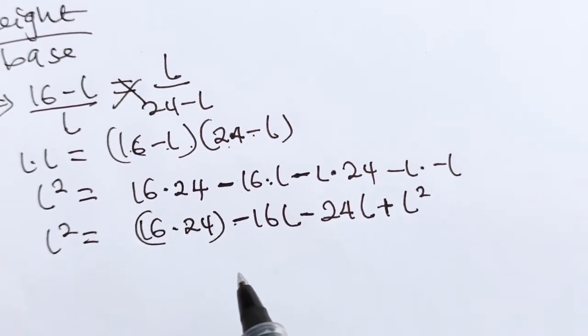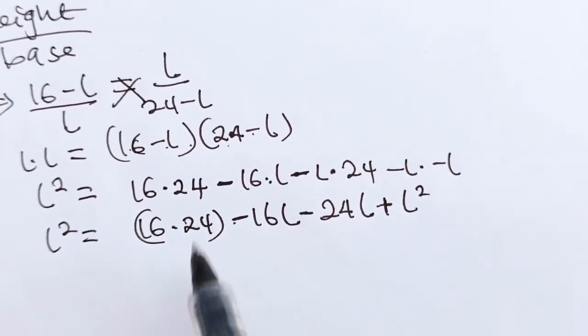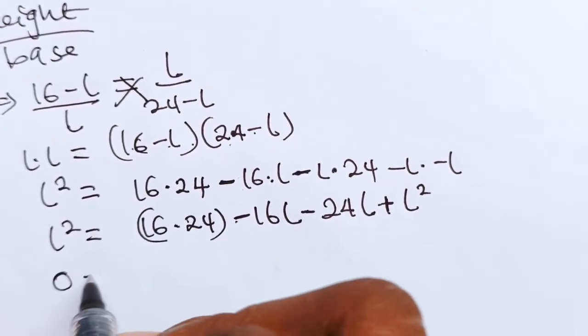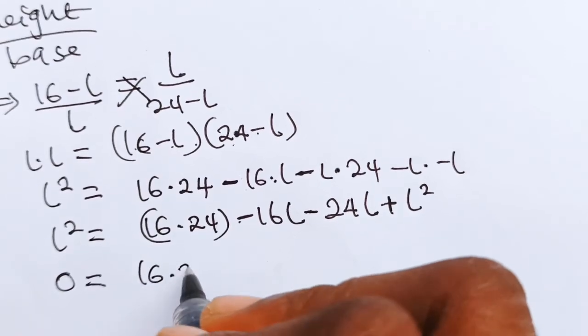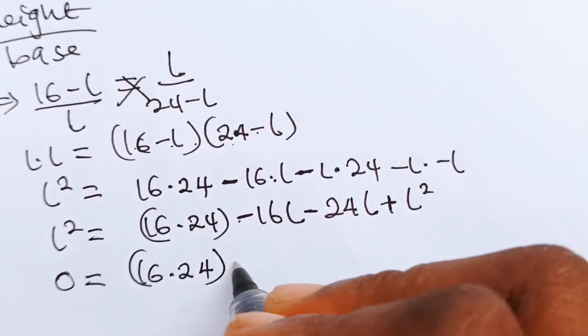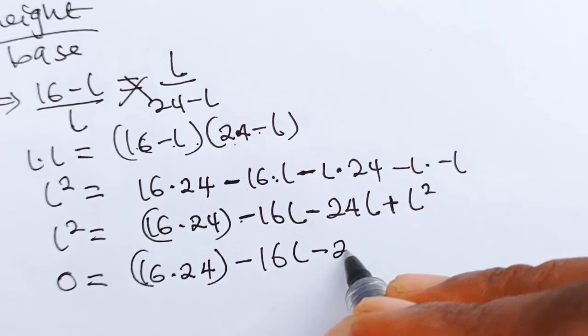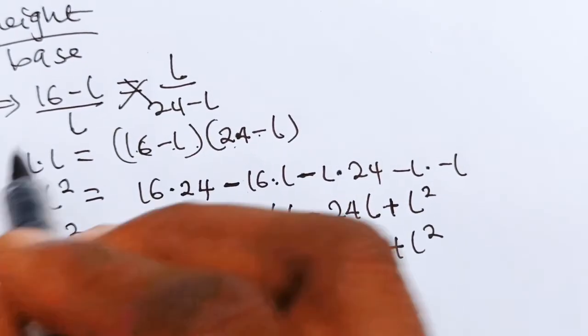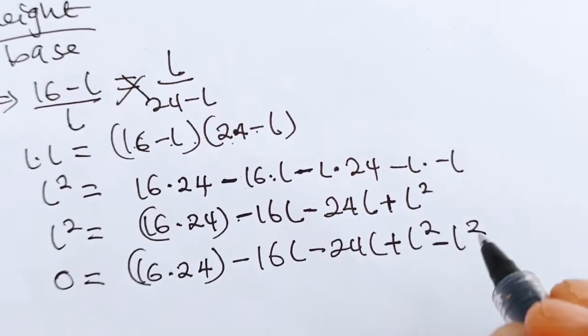So, from here, let's shift this to this side. If we do that, we have 0 is equal to 16 multiplied by 24 minus 16L minus 24L plus L squared. Now this plus L squared will cross to become minus L squared.